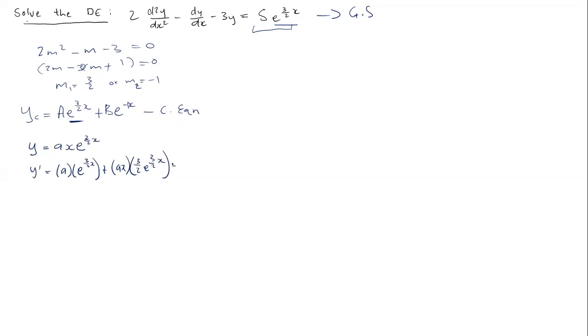So when I further simplify this equation, what am I going to get? I'm going to get a e to the power of 3 over 2 multiplied by x plus 3 over 2 ax e to the power of 3 over 2x.